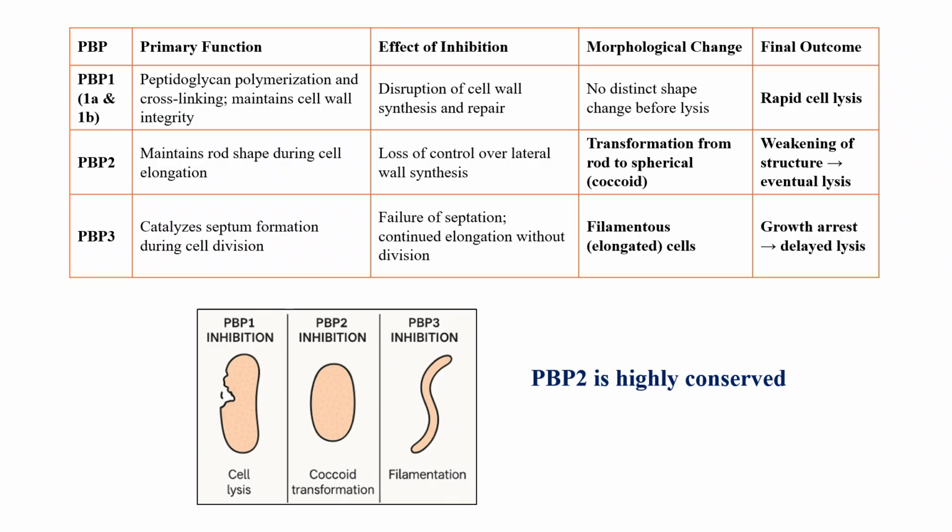Some of the antibiotics like carbapenems, which are very effective, bind to multiple penicillin binding proteins, thereby causing rapid lysis of the bacteria. We are also exploiting these PBP proteins, for example a newer antibiotic called cefepime zidibactam. Zidibactam has a very high binding ability to PBP2, so it will make the bacteria a spheroplast. And once the bacteria becomes a spheroplast, mechanisms like porin channels or efflux pumps become less effective.